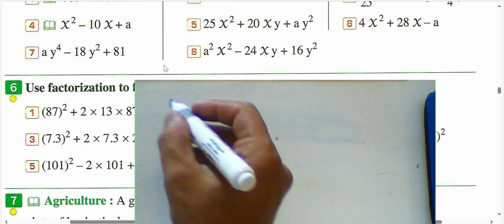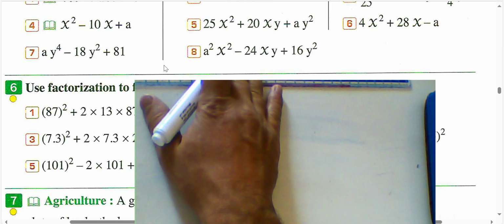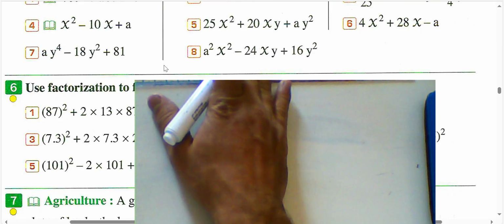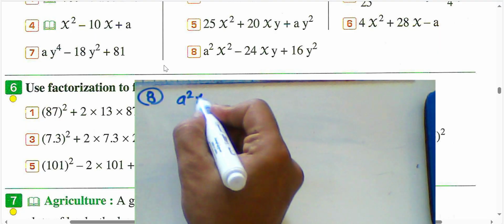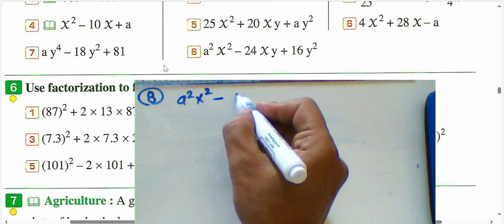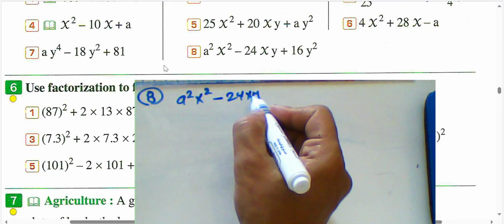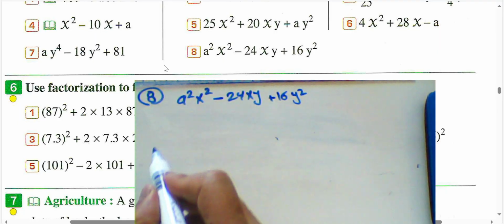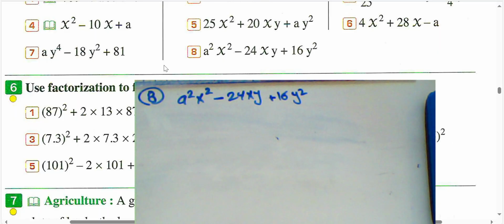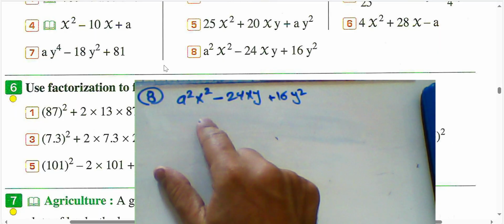Question number 8. a power 2 x power 2 subtract by 24xy plus 16y power 2. This expression, we have 1, 2, 3.